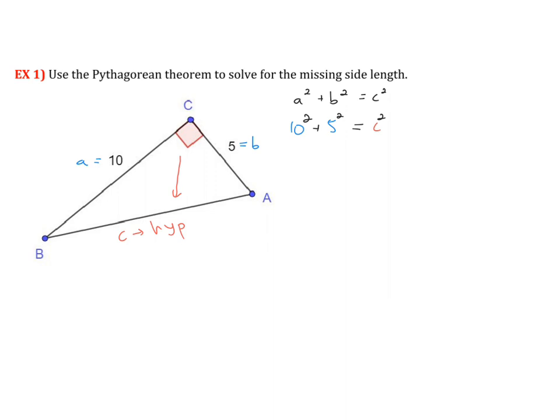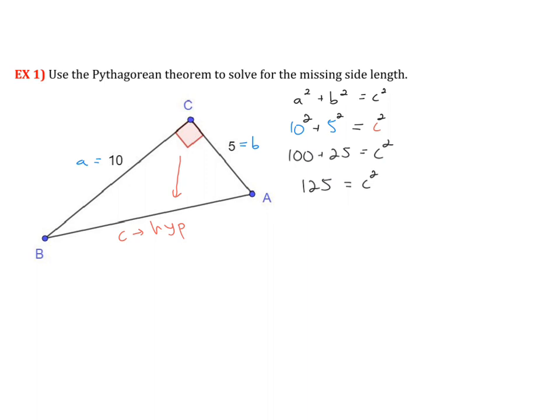Going ahead and continuing on, 10 squared is 100, plus 5 squared, which is 25. This is, of course, equal to c squared, because I haven't done anything yet with that. 100 plus 25 is 125, which is equal to c squared. Now, the opposite operation of squaring a number or a variable is the square root.